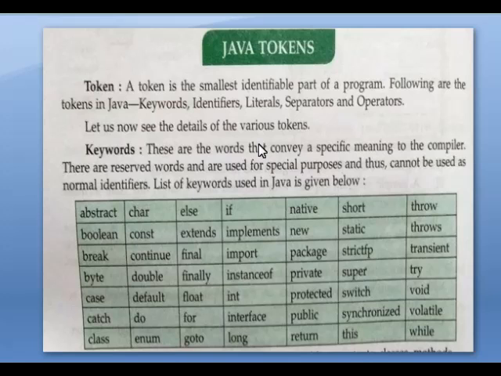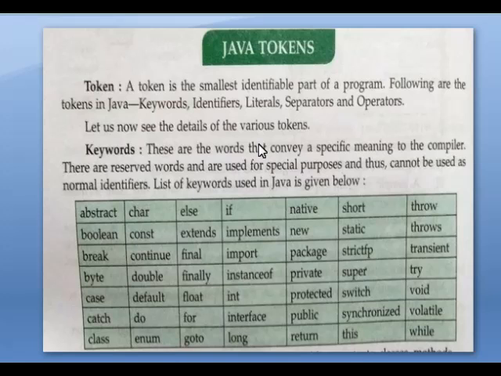First one is keywords. The keywords are otherwise called reserved words. These are the words stored inside the software, so we cannot use these keywords as an identifier or a variable name. These are words that convey a specific meaning to the compiler.